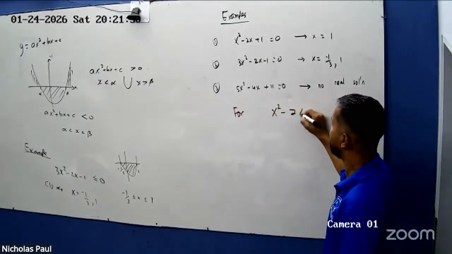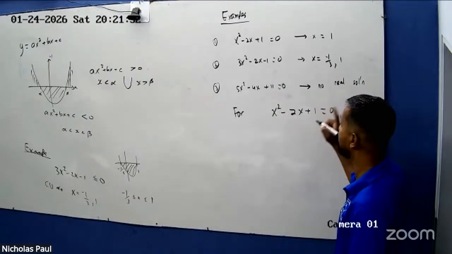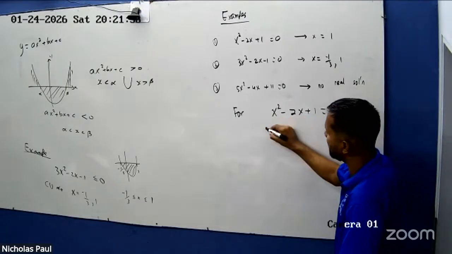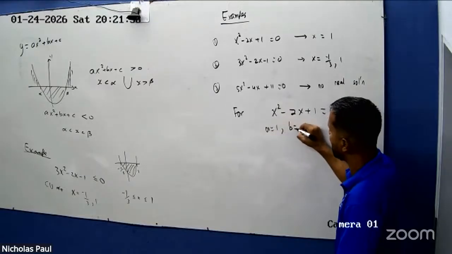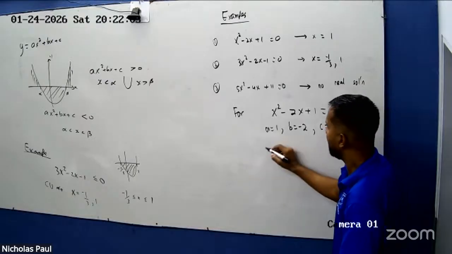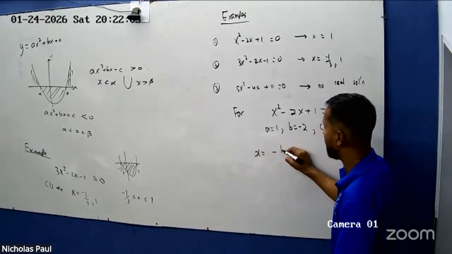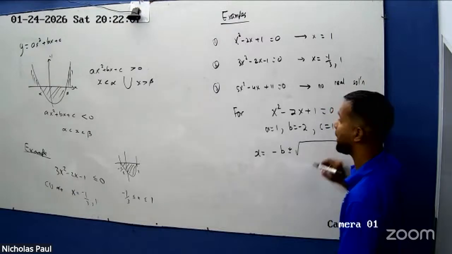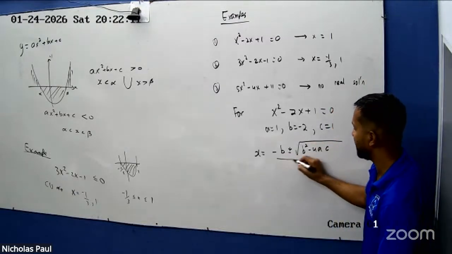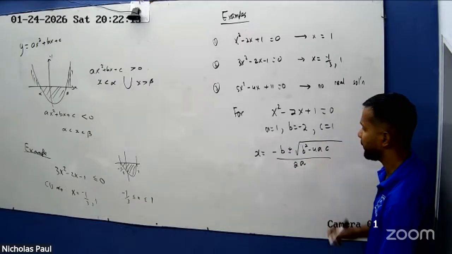There is something in the formula that controls that. So if you have x squared minus 2x plus 1 and you want to solve it using the formula, A, B, C, and the formula is x is equal to minus b plus and minus the square root of b squared minus 4ac all over 2a.